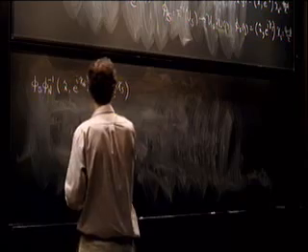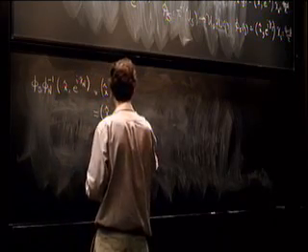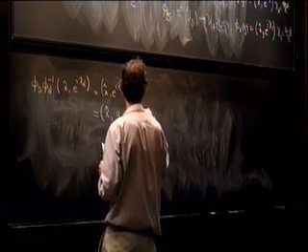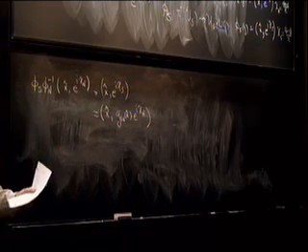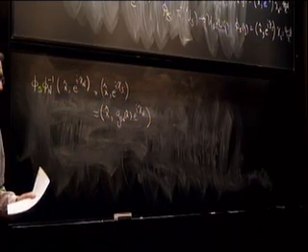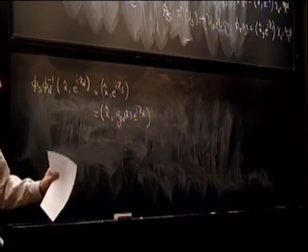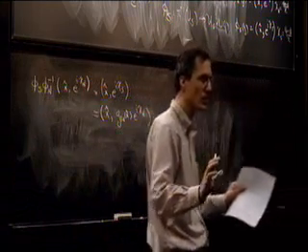And by definition of transition function, this is g south north, which is a function of x hat, times e to the i chi north. That's how we defined our transition functions. I'm using exactly the notation that I used in the general definition. So you can see the general definition explicitly in this important example.